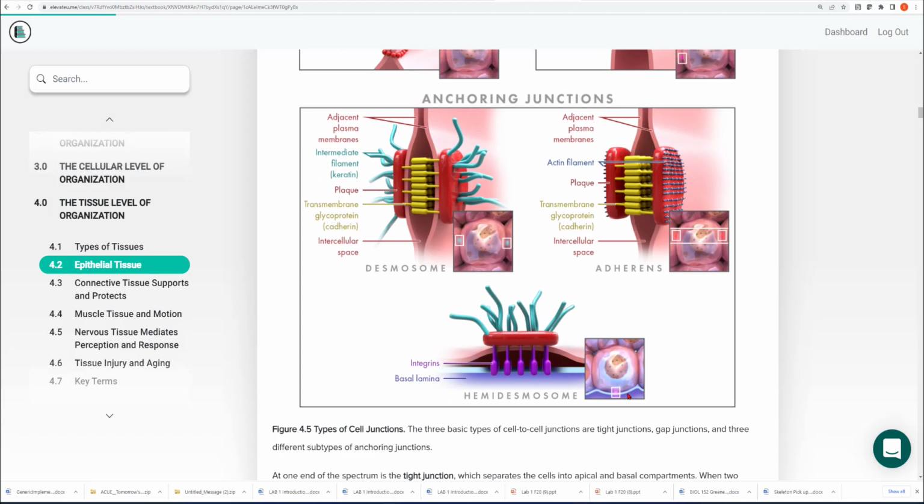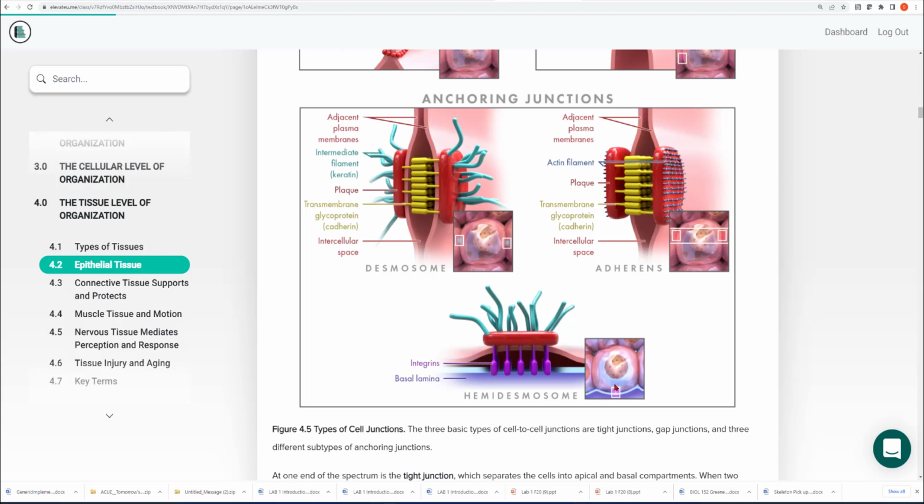Hemidesmosomes are found between the basement membrane and the cell above it. Hemidesmosomes are found a lot in skin. And you probably never thought about this, but when you get into your car and you slide your butt across the seat of your car, you don't leave cells behind, right?